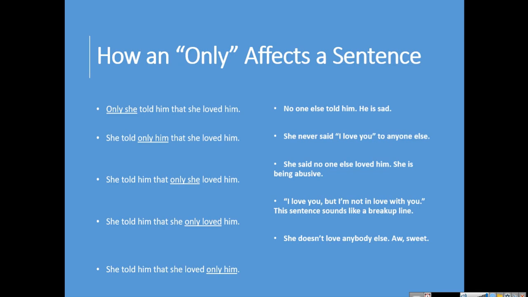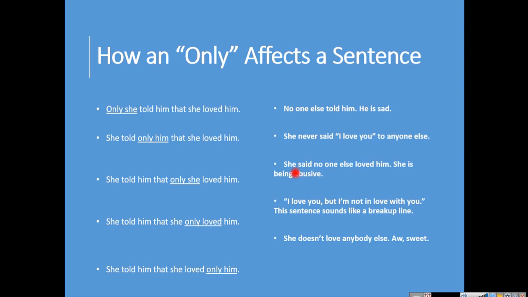And so the advice here is that you already come with an idea, and that idea is often misrepresented by what we write. These are some of the ideas that we have in mind. So if we want to say no one else told him, well, I would probably say this.